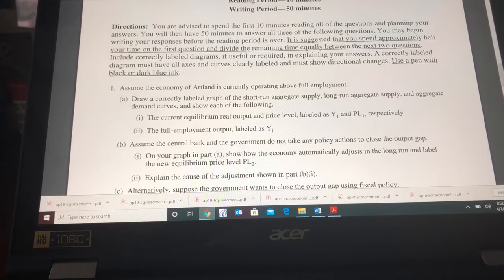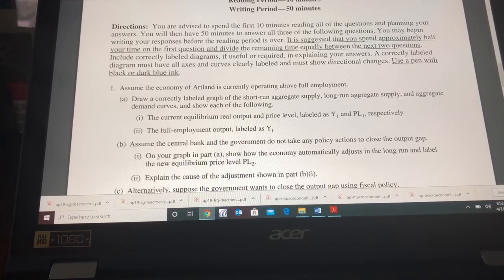Part 2. The full employment output labeled as YF. So what we are seeing here is that in the long run, we're operating above full employment, right? So people have a job. So I know that I am in an expansion and I should have an expansionary gap.